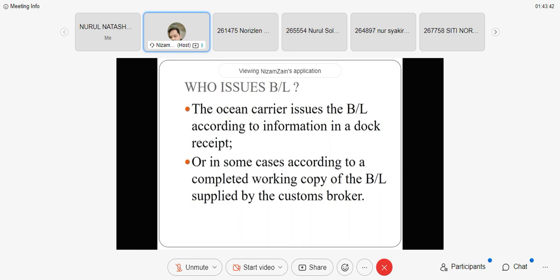That's why international shipping or transaction is very complex. That's why most companies nowadays don't do their own. It's a headache, right? So they engage third-party logistics. They engage forwarding agents or brokers, right? It's easy. You just pay.